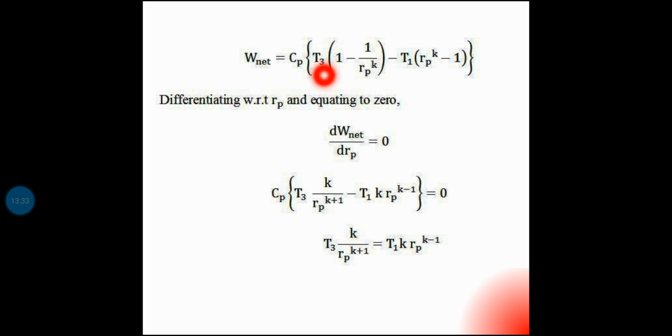Now the first term is a constant, and the second term is T3 into 1 by Rp raised to K. Differentiating this term with respect to Rp, we will get T3 into K by Rp raised to K plus 1, and this term T1 into Rp raised to K, differentiating this with respect to Rp, we will get T1 into K into Rp raised to K minus 1. Now rearranging the terms, we will get T3 into K by Rp raised to K plus 1 is equal to T1 into K into Rp raised to K minus 1.